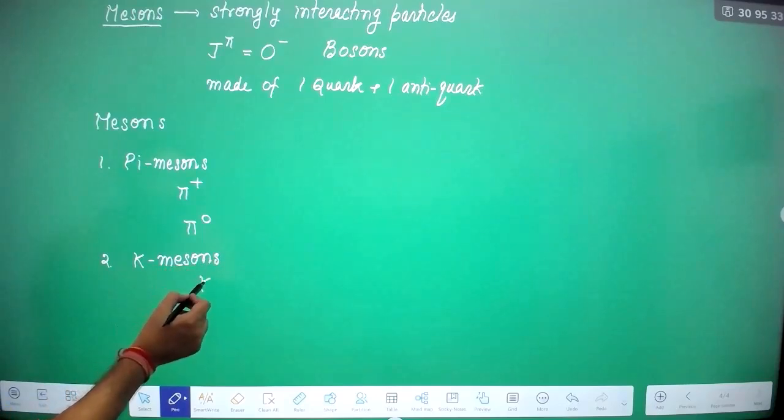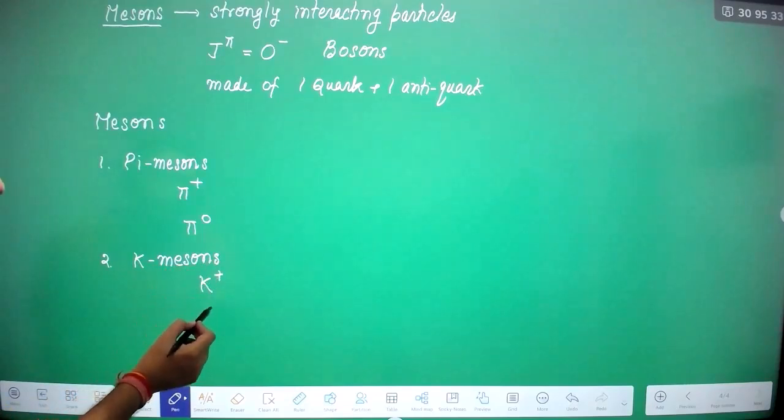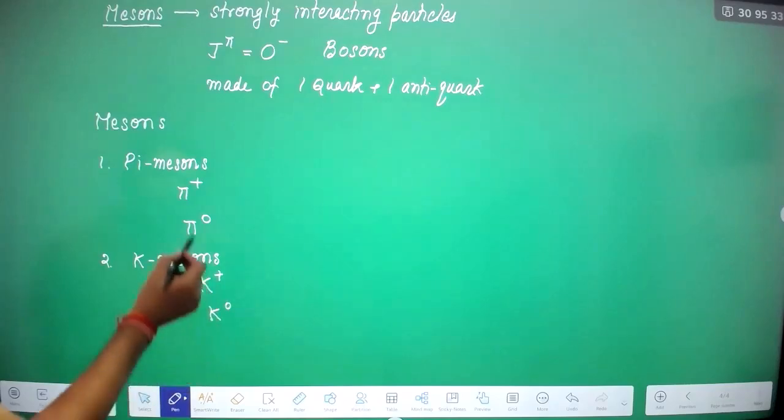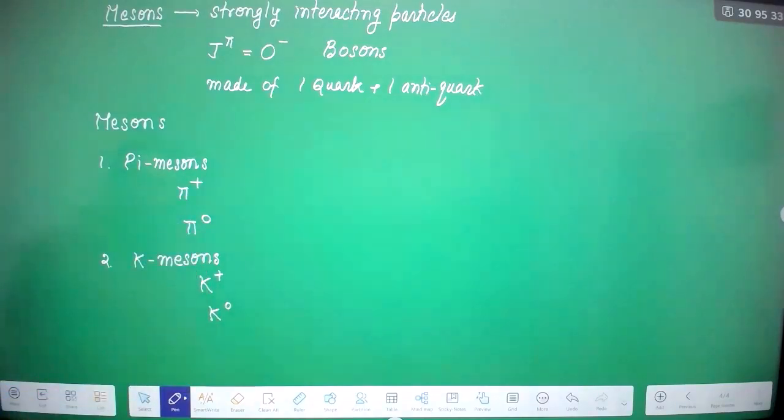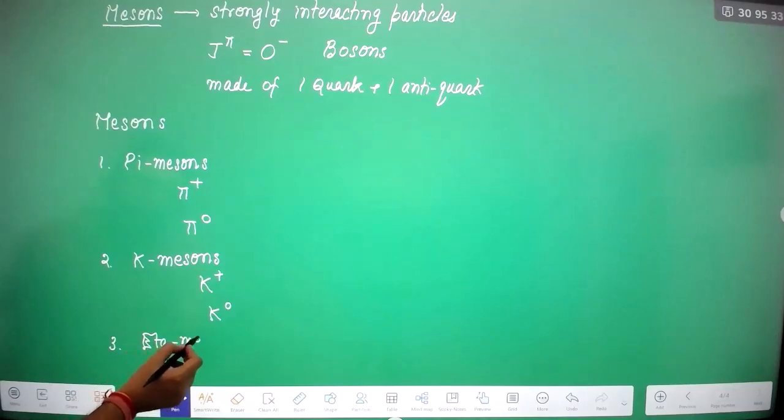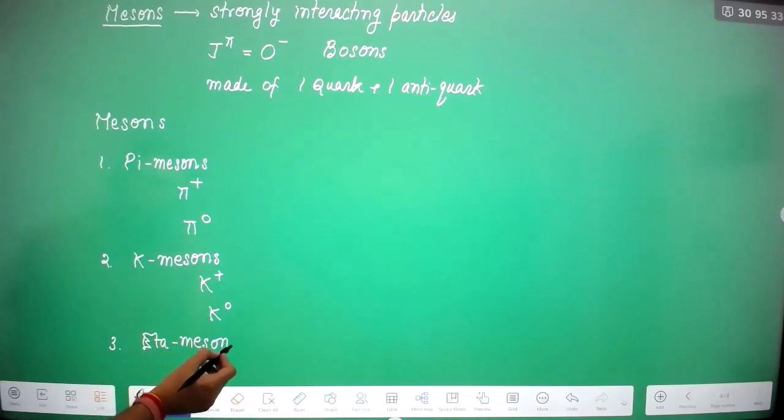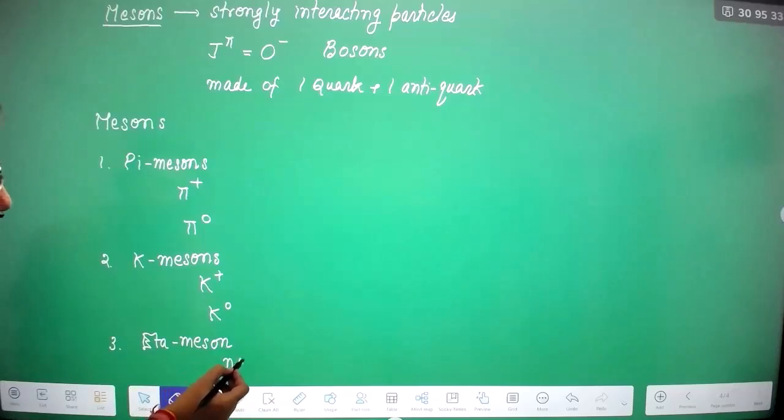That will be K plus and K naught, or K neutral. And last is the eta meson, eta neutral. So three categories of mesons are there.